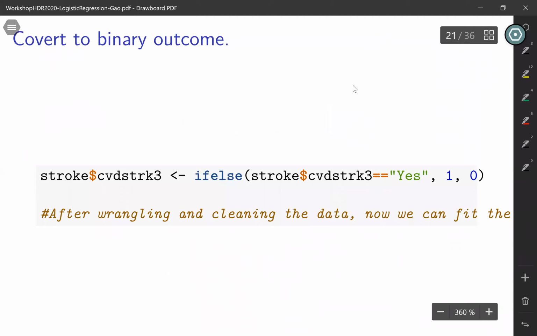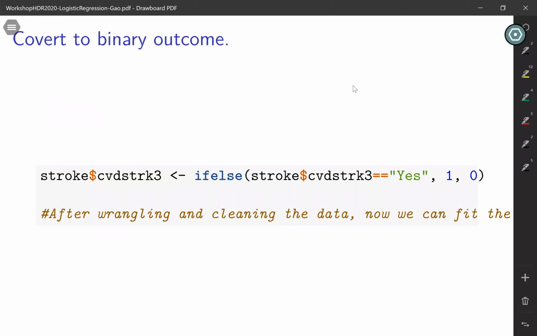Now I'm going to convert the binary outcome to a 0, 1 coded variable, right? In R, usually we use coded variables. We need to code the variable if you have a variable like yes or no. In general, we just code yes as 1 and no as 0.